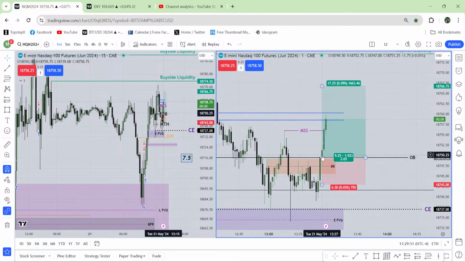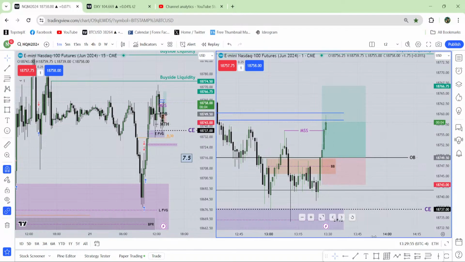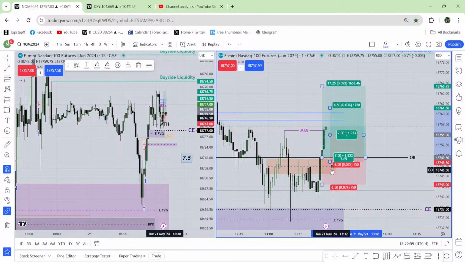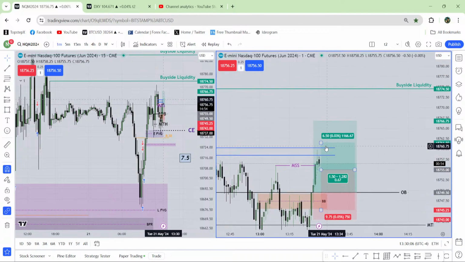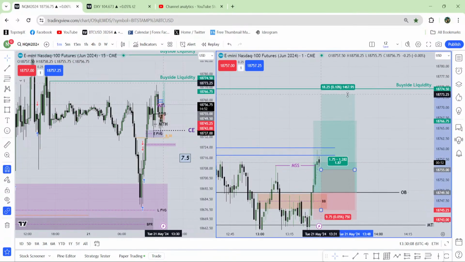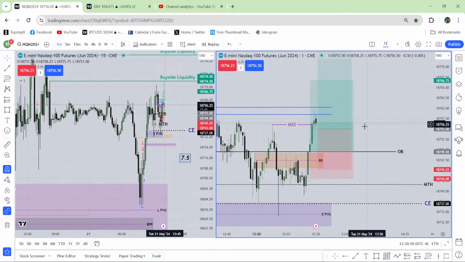Here, this is the entry fair value gap, this is the last fair value gap, but I will go with the first fair value gap. So the risk will be a little more. If I take the entry over there, I have to cover the last fair value gap. Here that will be my entry, depending on the perfect setup.